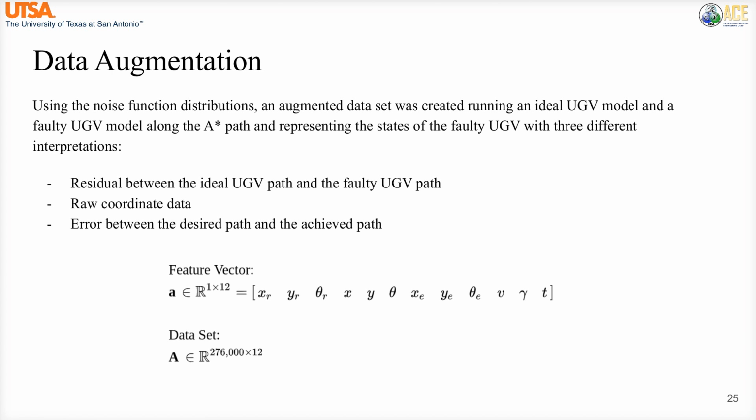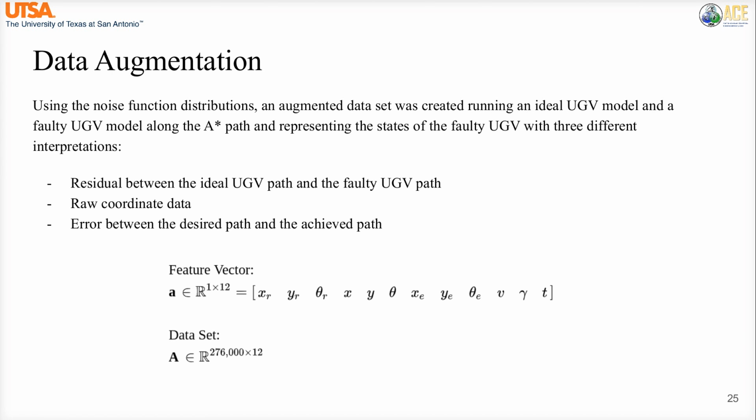To do that, I ran an ideal UGV model using the original bicycle model with no perturbations, and then a faulty UGV model with a random perturbation from the noise functions that I created. Both of them were subject to follow the A-star path given, and then report back their trajectory data.